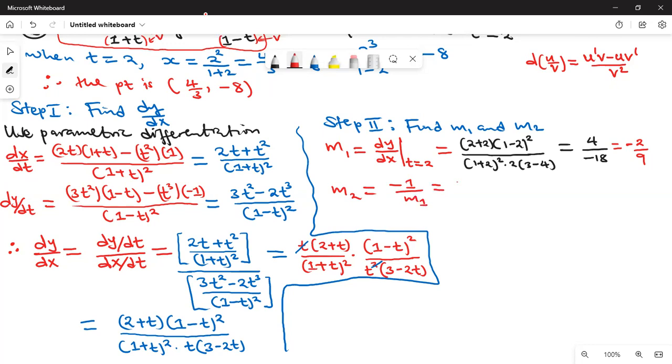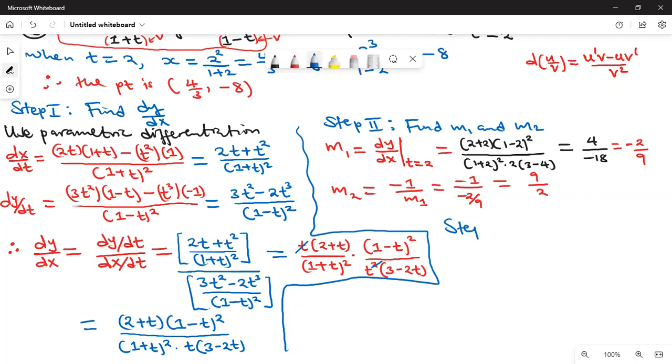And so that is negative 1 over negative 2 over 9. And so that will give you 9 over 2. So now we know m1 and m2. The last one is to find the equations of those two lines.